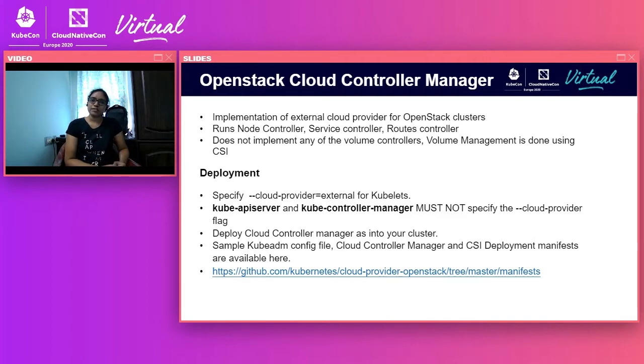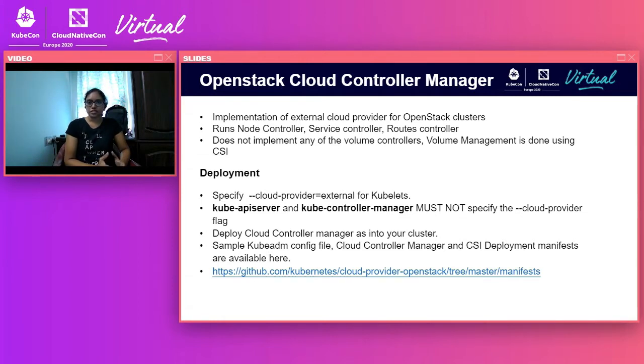From the deployment perspective, there is some difference in how in-tree and out-of-tree providers are deployed. In the kubelet, you have to set the cloud provider as external, so that the nodes are marked as uninitialized until the CCM binary is up and running.